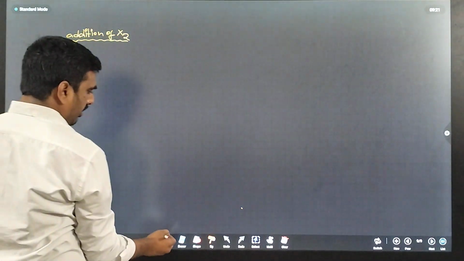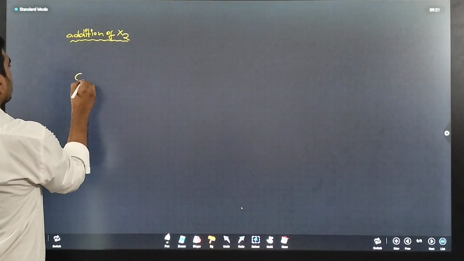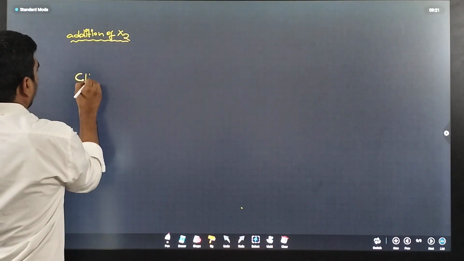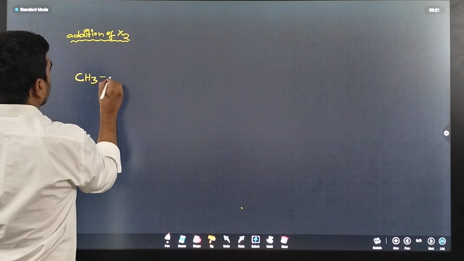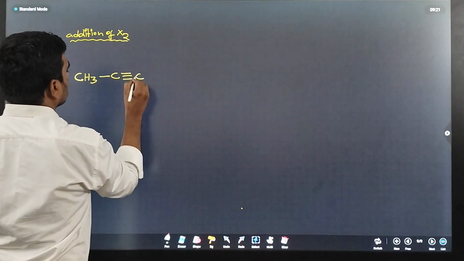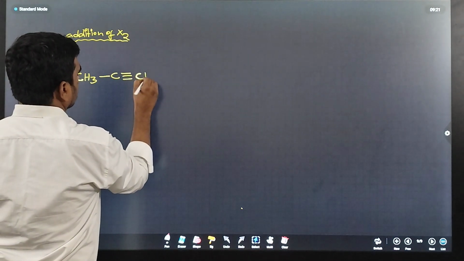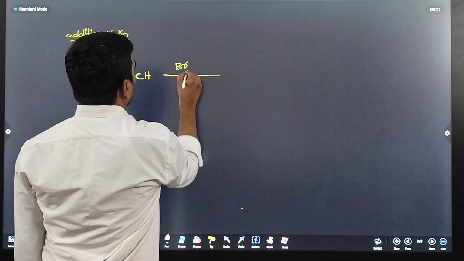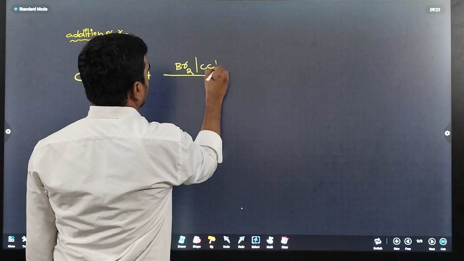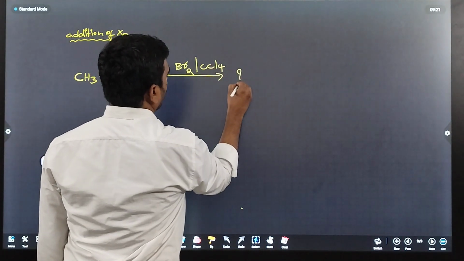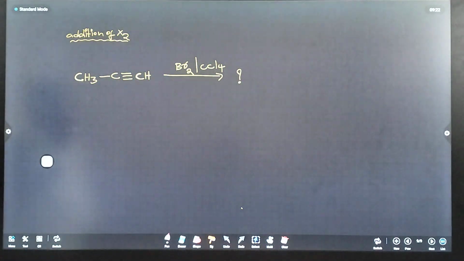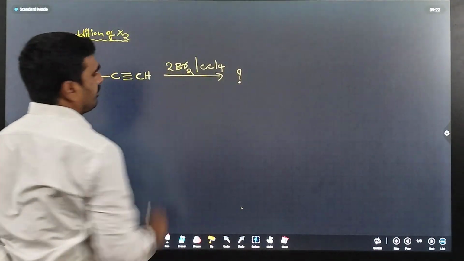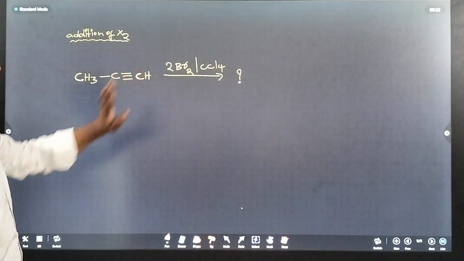So I can take here CH3 C triple bond CH, with Br2 and CCl4. I can use 2 moles of bromine here.